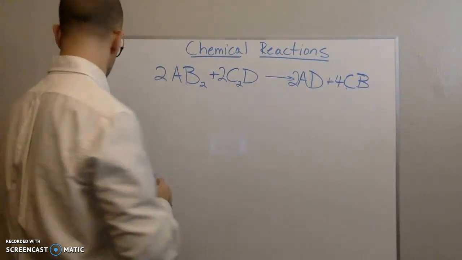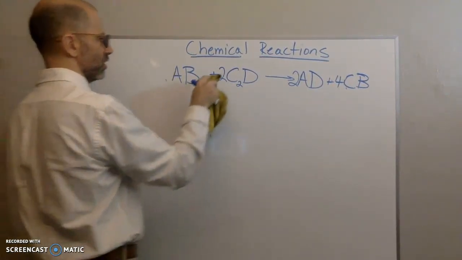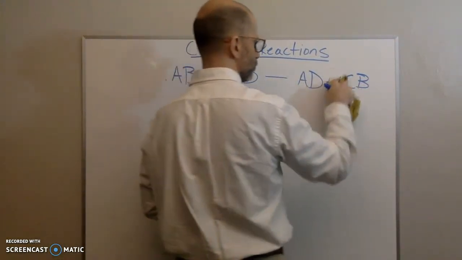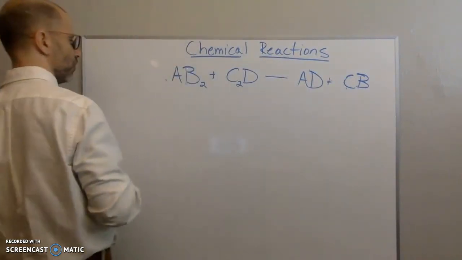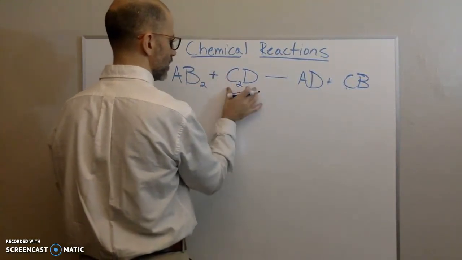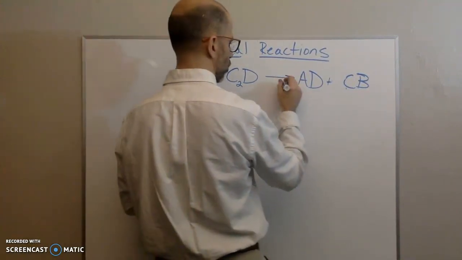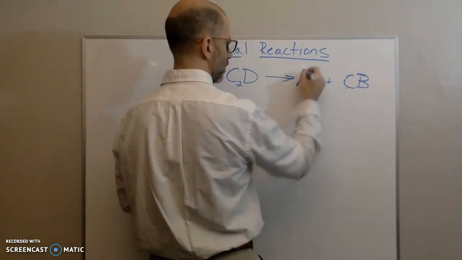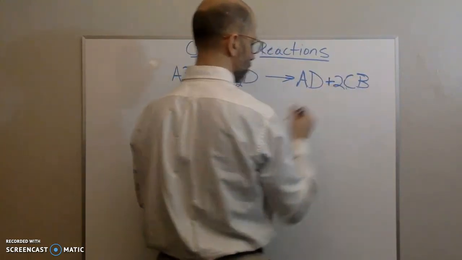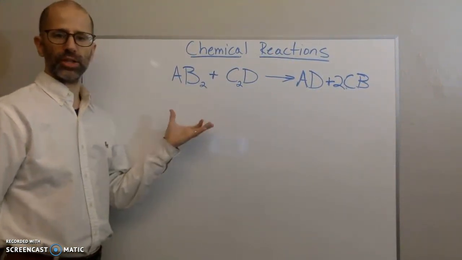If we write this in our lowest whole number ratio, then this would be 1, 1, and 2. So we would have AB plus CD goes to AD plus 2CB. And so this would be our balanced equation for the reaction.